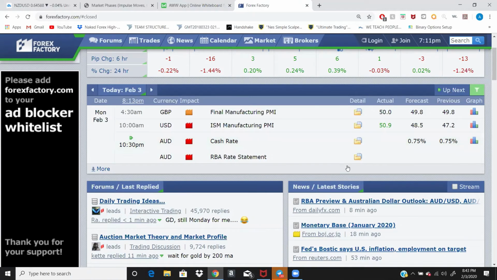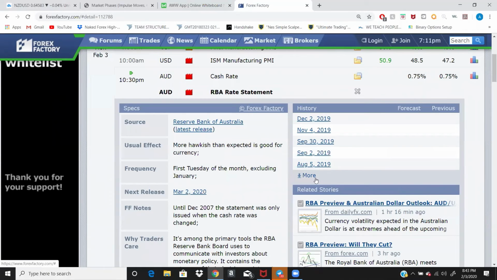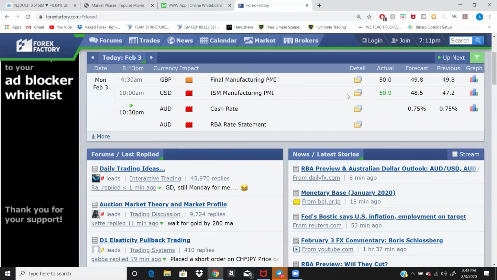So they most likely will keep it at 0.75, which still should result in a bullish move in AUD pairs. That is honestly what I see on this. And then depending on what statement they read out, that too can be a driver in the market. So we will find out in 1 hour and 47 minutes.